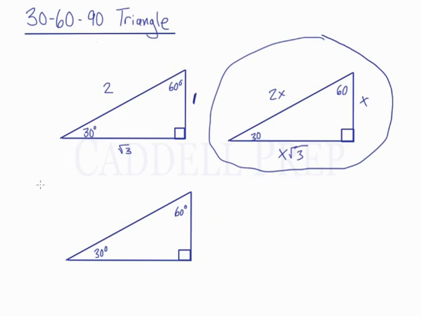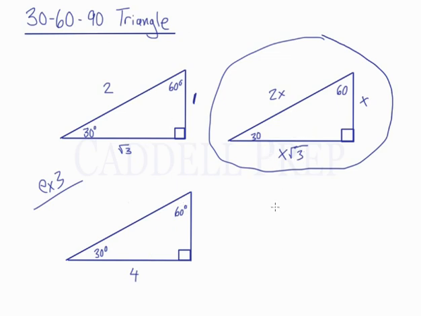Let's look at a third example. In this example, let's say we're given this side to be 4. So we first have to determine what x is, and we could figure out the other sides. So this side is across from the 60-degree angle. And across from the 60 is x radical 3.